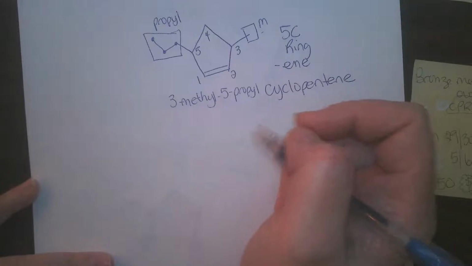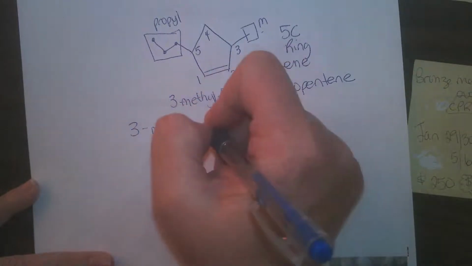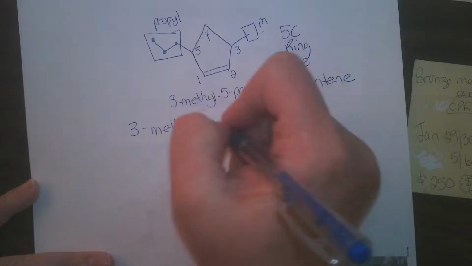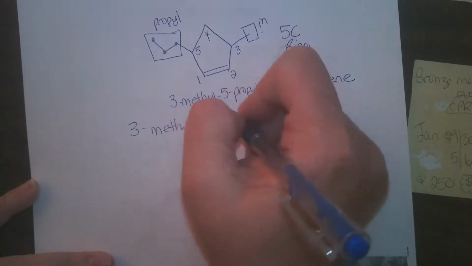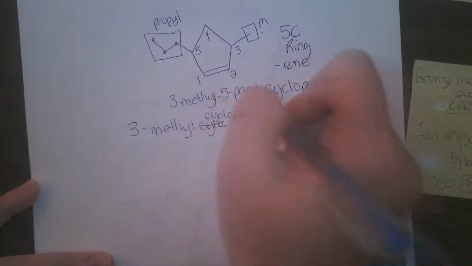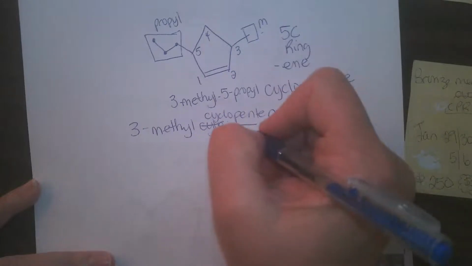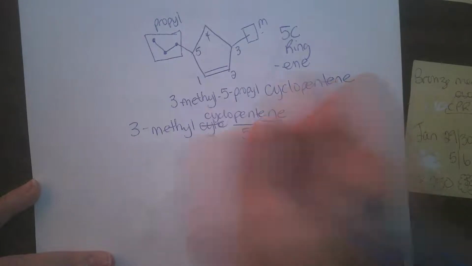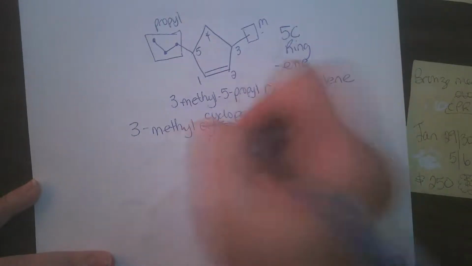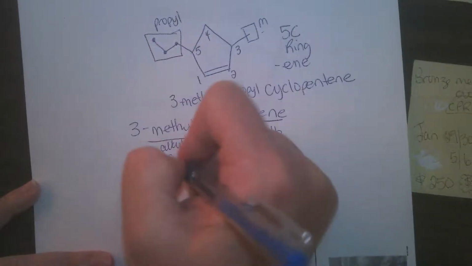Number 21. Draw a condensed structural formula for each compound. 3-methylcyclopentene. Okay. Pent is 5. Ene is a double bond. This is a ring structure, and it's got a methyl group, an alkyl side chain.